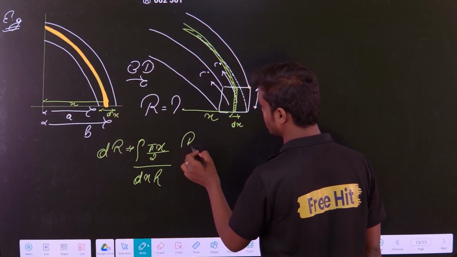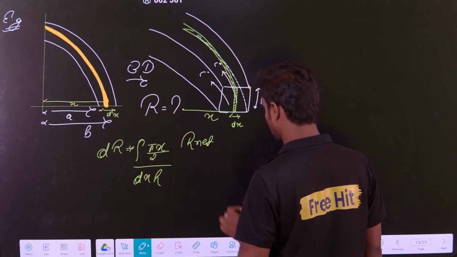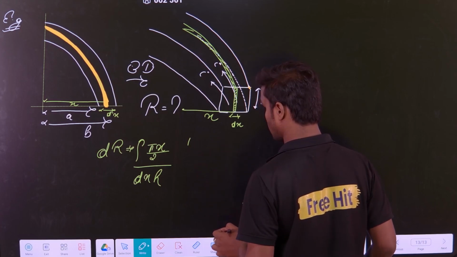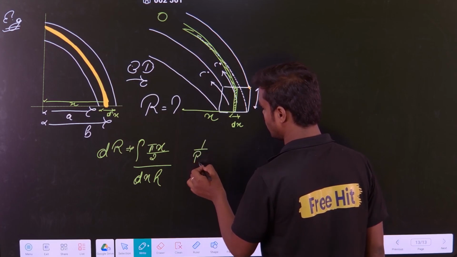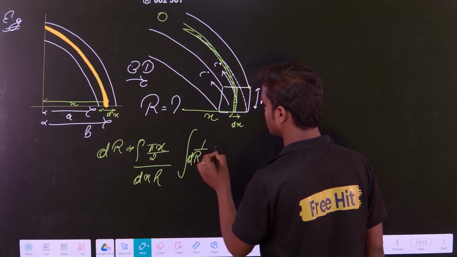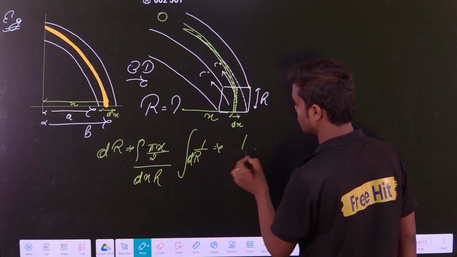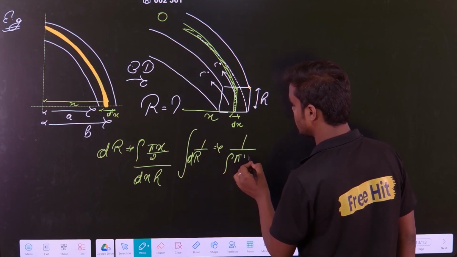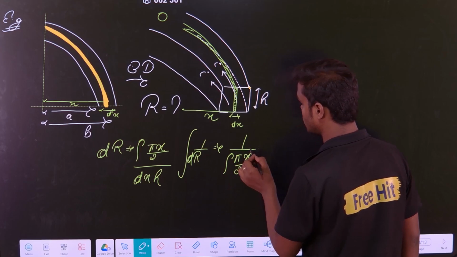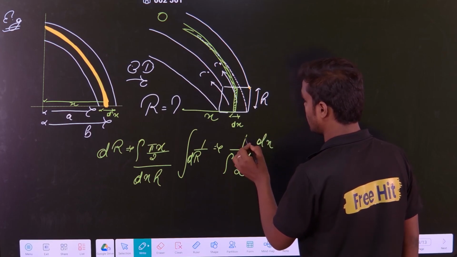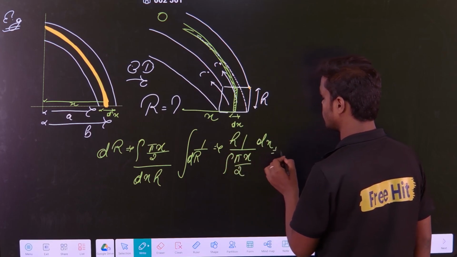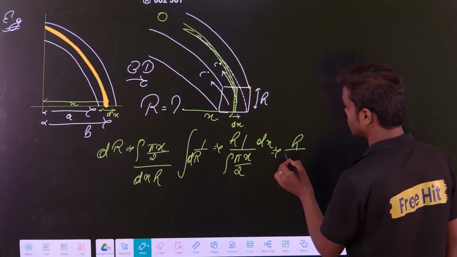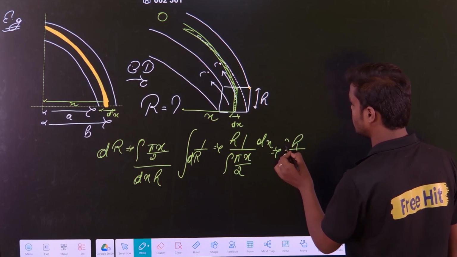So what is my R net? How will I calculate it? I will first reverse it because it is a parallel combination, and then I will do the integration. So it will become rho pi x by 2 into dx, and h will come in the numerator. So it will become h into rho pi by 2.